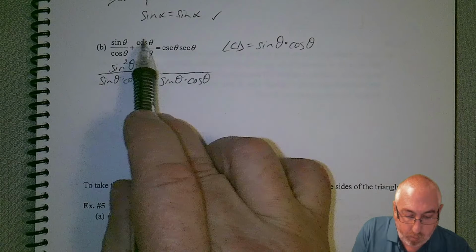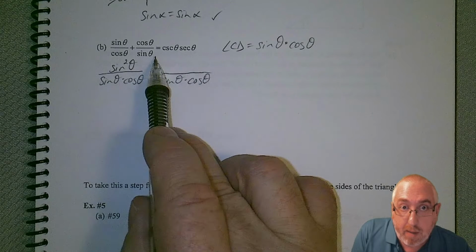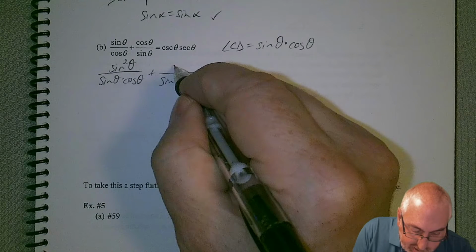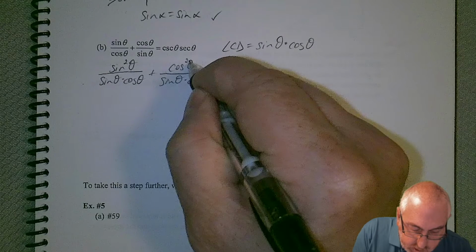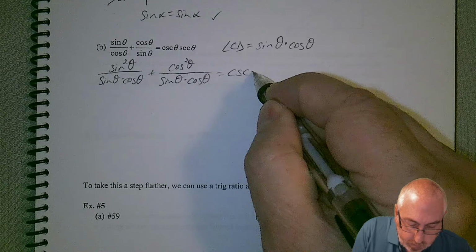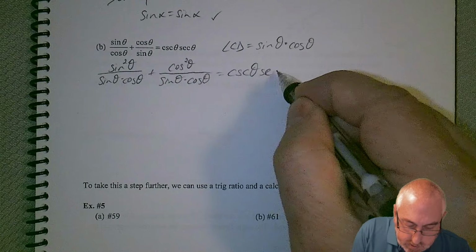But our second one, now what's missing is our cosine. So if we multiply the bottom by cosine, we have to multiply the top by cosine, and that should give us cosine squared of theta. And again, we want this to eventually equal cosecant of theta, secant of theta.